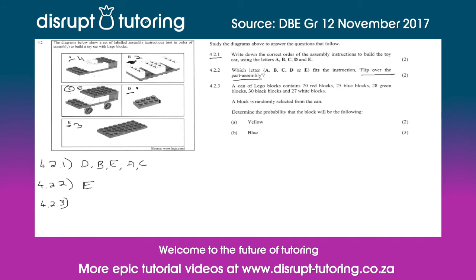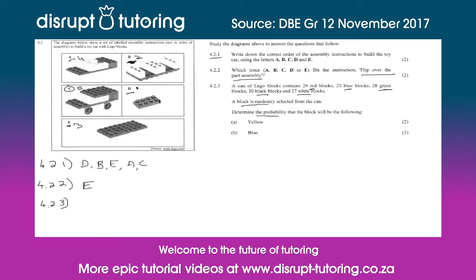Then 4.2.3 says a can of Lego blocks contains 20 red blocks, 25 blue blocks, 28 green, 30 black, and 27 white blocks. So they're going to ask us to do some probability here. They said a block is selected randomly.